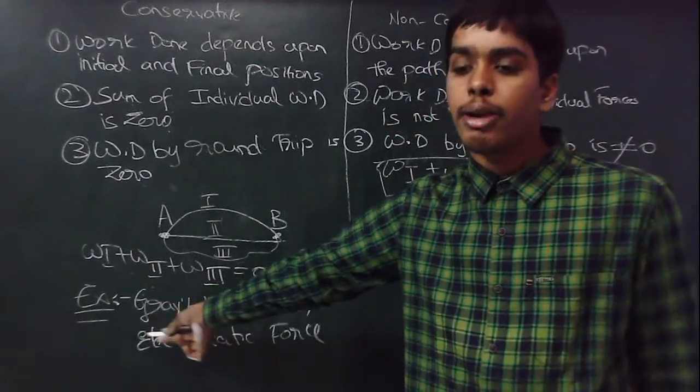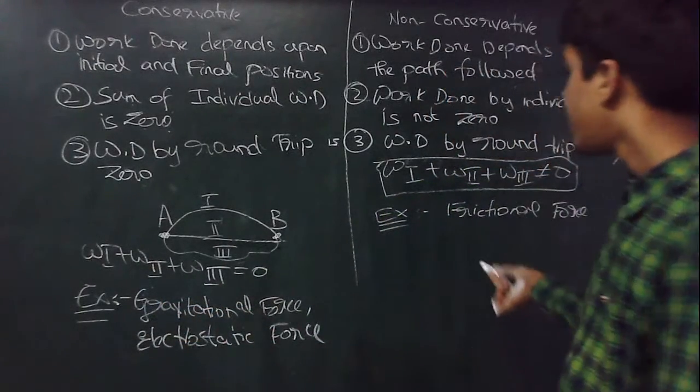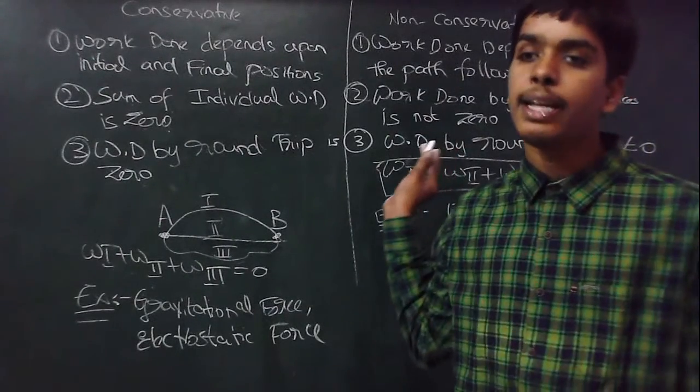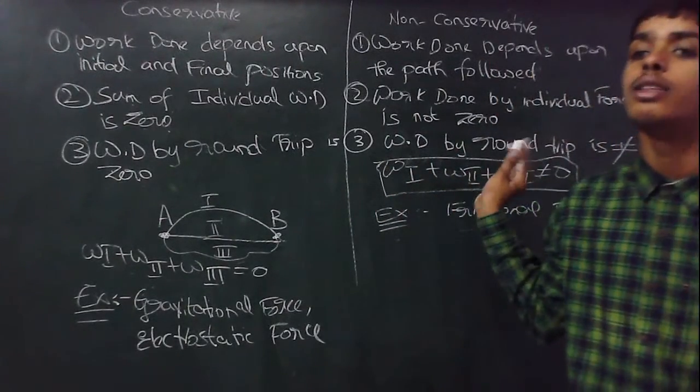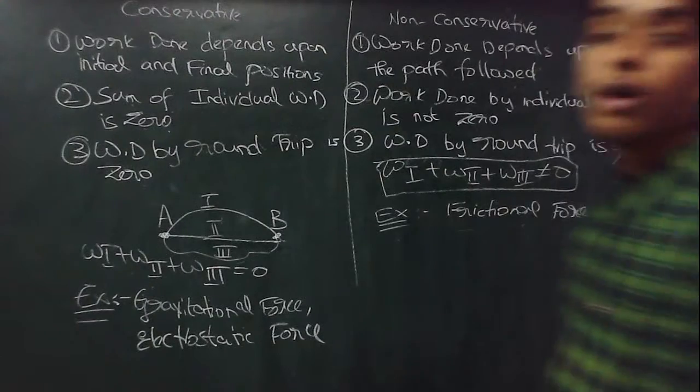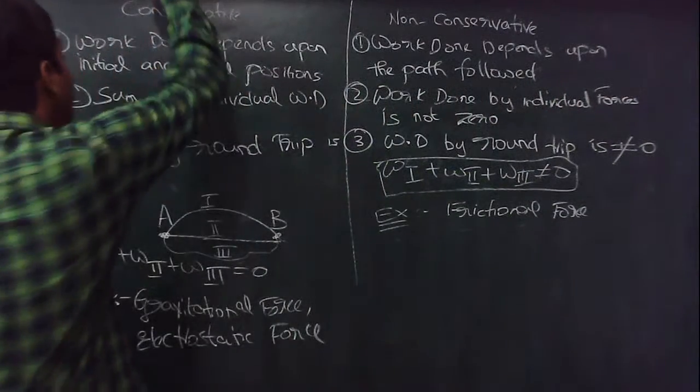And the examples are gravitational force, and here the example is frictional force. Now first copy this, then we will discuss the problem associated with this. Okay, let's solve the problem.